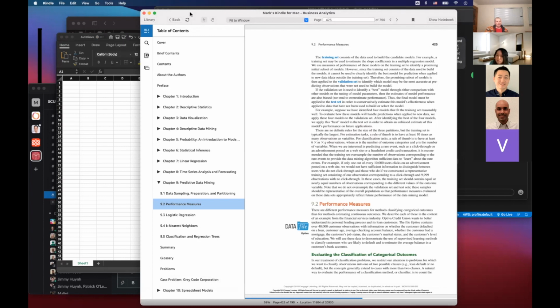It might be not as accurate. Your ROC, the area under the curve, might be a lot worse, but you may see the overfitting go away. And then if you see that, then from there you kind of start adding variables back in to see if you get a better prediction without seeing the overfitting come back in.